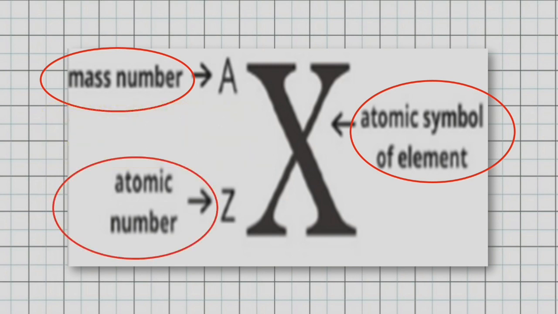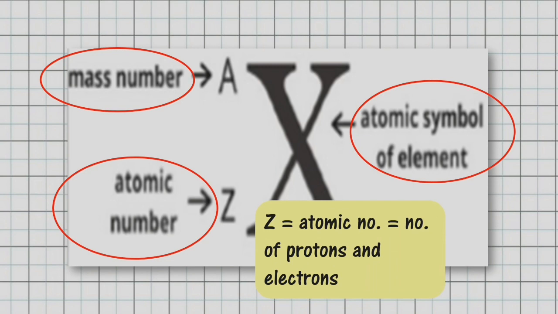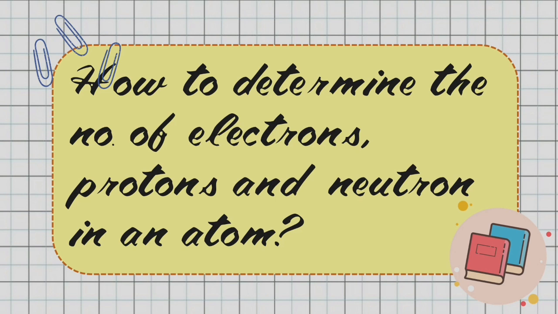And lastly, the atomic number. The letter Z symbol is the atomic number. Atomic number represents the number of protons and electrons. So how are we going to determine the number of electrons, protons, and neutrons in an atom?